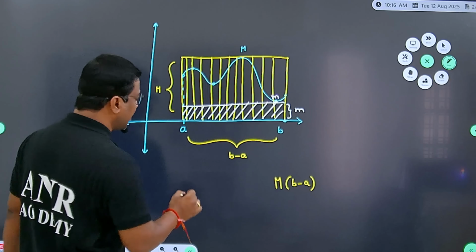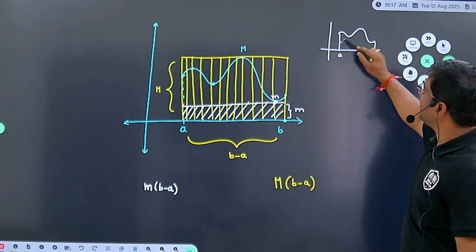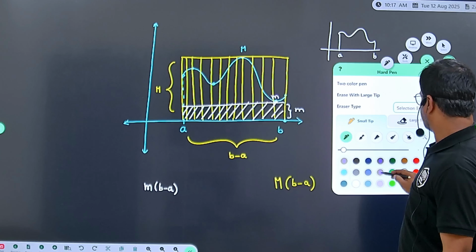Next, we know that suppose this is the function f which is defined in the interval a to b, then the area under the function f of x, this region, this shaded portion, can be expressed as the integral from a to b of f of x dx.